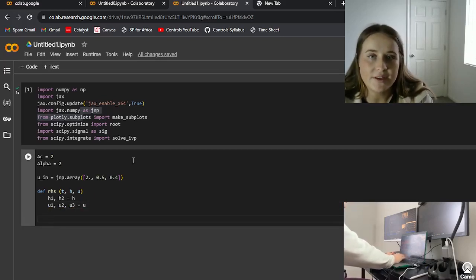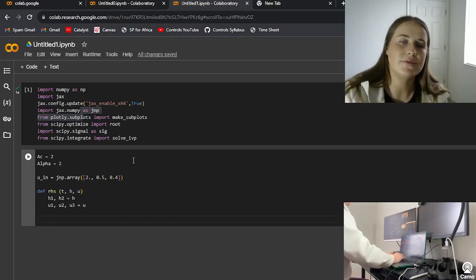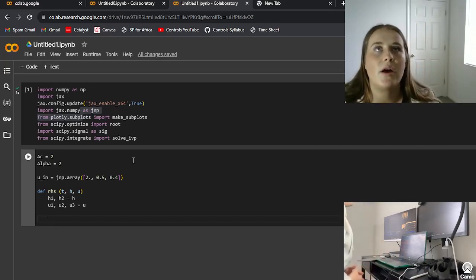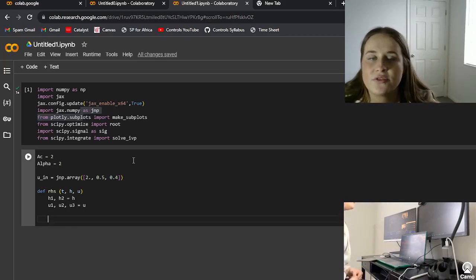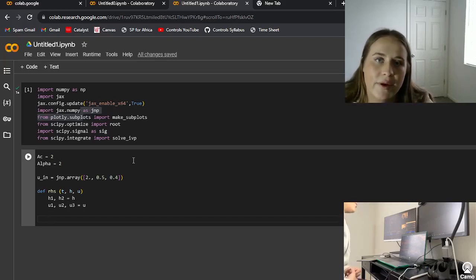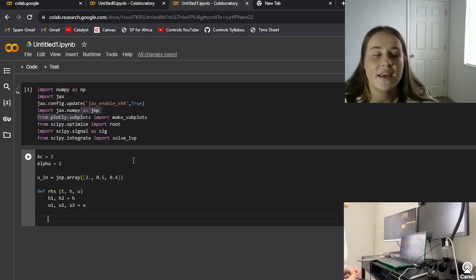And then I'm also going to define Q in terms of flow. So Q is going to be defined as the flow rates out of the tanks. Again, U1 and U2 go into tank 1, and then Q1 flows out of tank 1. Then we have that same Q1 and U3 flowing into tank 2, and then Q2 flowing out of tank 2.